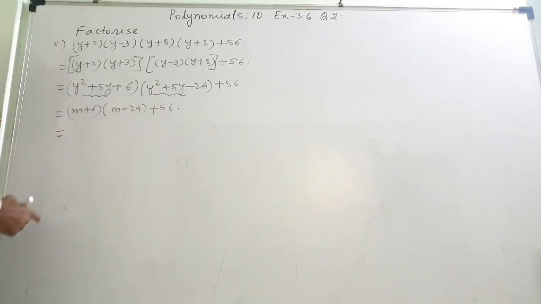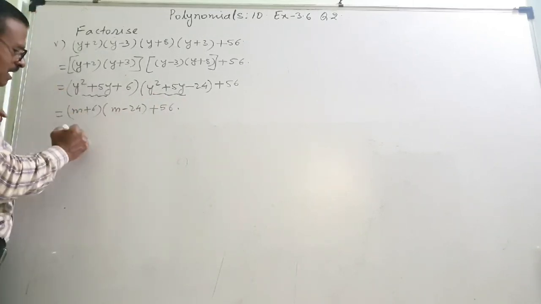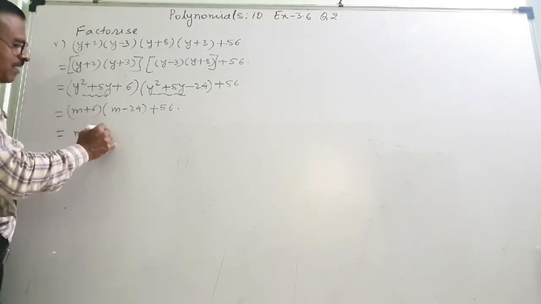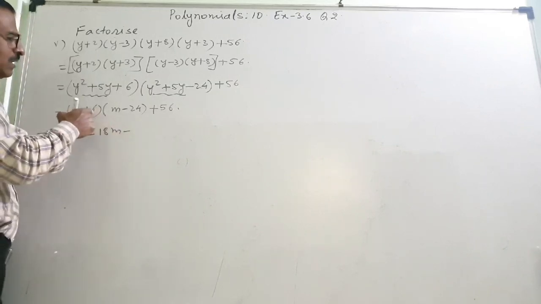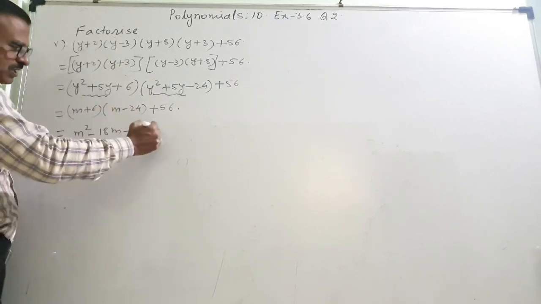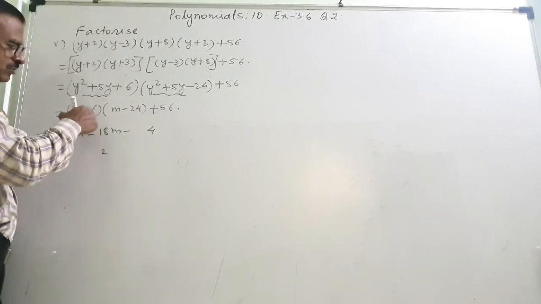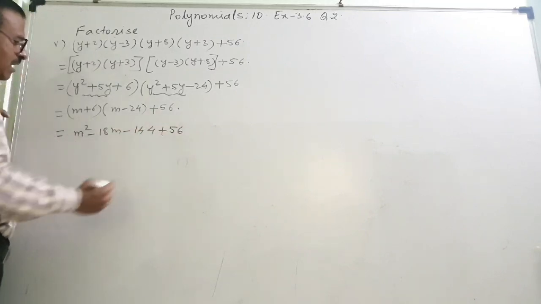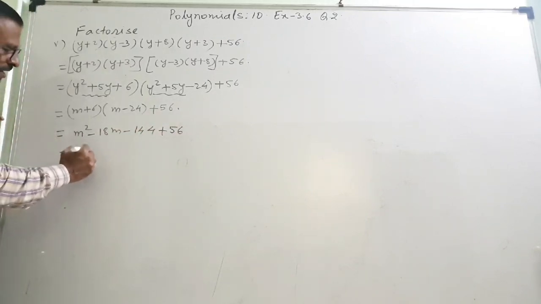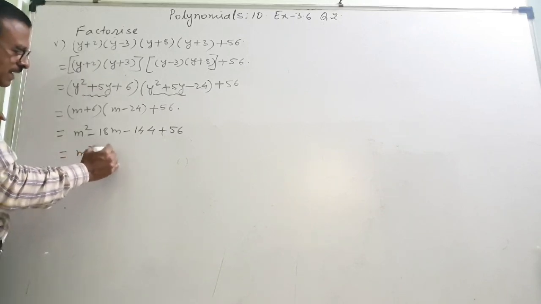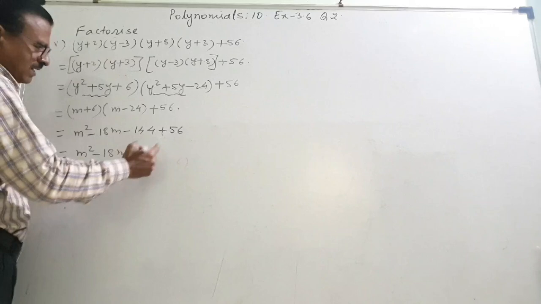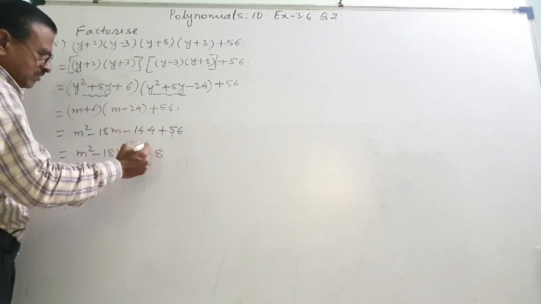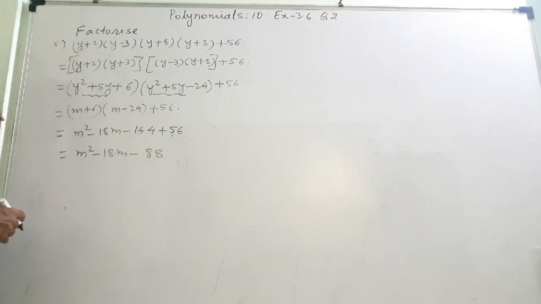Now I will multiply, the same way. The first term is m square, plus 6m minus 24m, minus 6 into 24 is 144, plus 56, that is equal to m square minus 18m, and this will be minus 88.